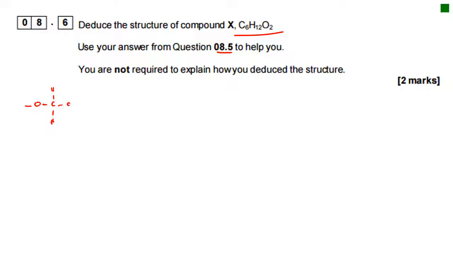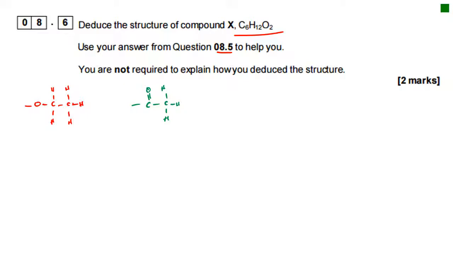Connected to a CH3 group. That was for signal 3.5, and didn't we also work out the signal for 2.2, which was like this? We had a CH3 group connected to a carbonyl group, didn't we? So that's just a reminder of what we worked out in 8.5.